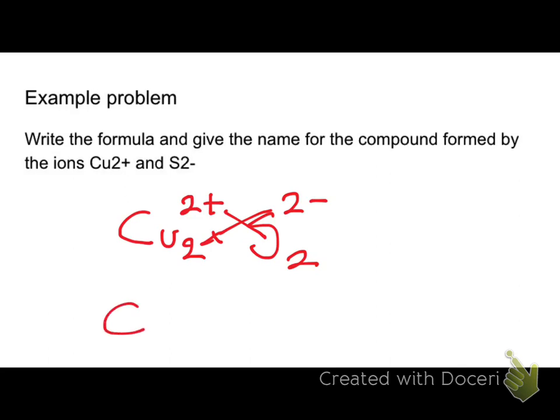So we would wind up with Cu2S2, which would leave us with a positive 4 charge and a negative 4 charge, which balances, so we know it's correct. But we then need to look at their greatest common factor to see if this can be reduced at all, and it can. So the formula should wind up just being CuS. Make sense? Awesome.